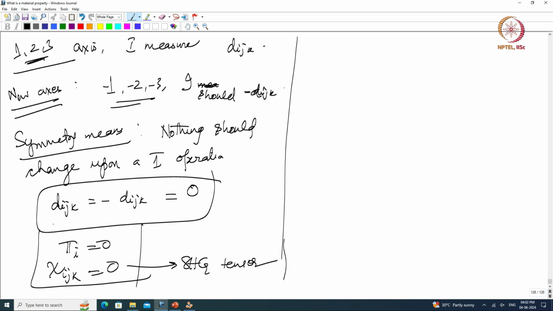I do not really need to know what the property is. So far, I do not need to know that Dijk is a piezoelectric tensor. Dijk can, for all you care about, be second harmonic generation, it can be something else, some magnetic property, or some sort of a 3rd rank elastic tensor.